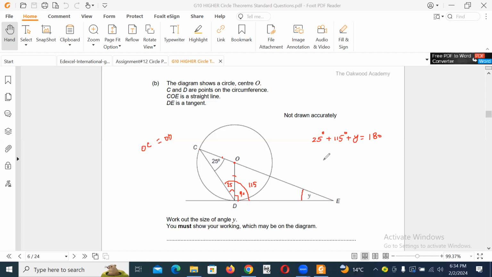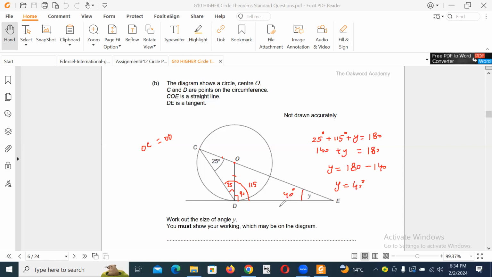So 115 plus 25 gives us 140, plus y is equal to 180. So y is equal to 180 minus 140, that gives us 40 degrees.